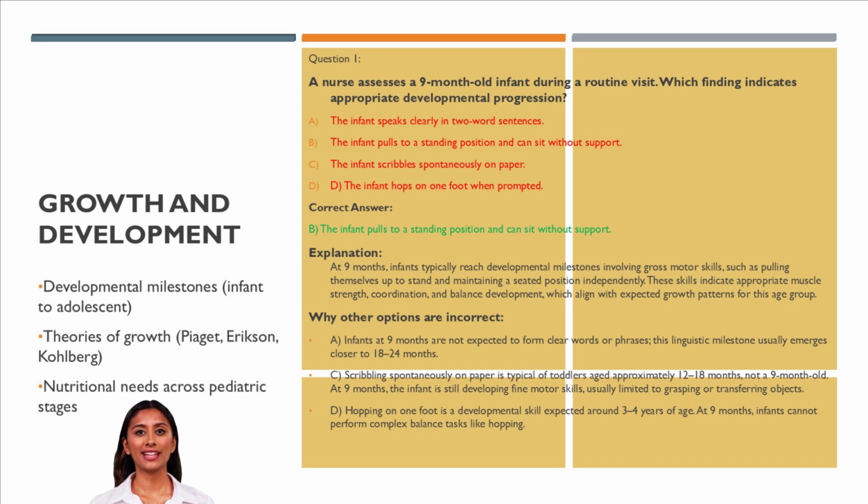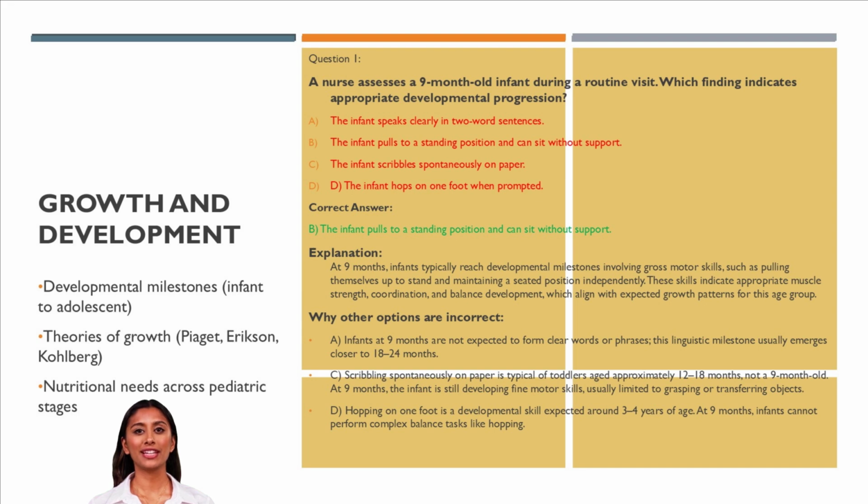Explanation: At 9 months, infants typically reach developmental milestones involving gross motor skills, such as pulling themselves up to stand and maintaining a seated position independently. These skills indicate appropriate muscle strength, coordination, and balance development, which align with expected growth patterns for this age group. Why other options are incorrect? A. Infants at 9 months are not expected to form clear words or phrases. This linguistic milestone usually emerges closer to 18 to 24 months.